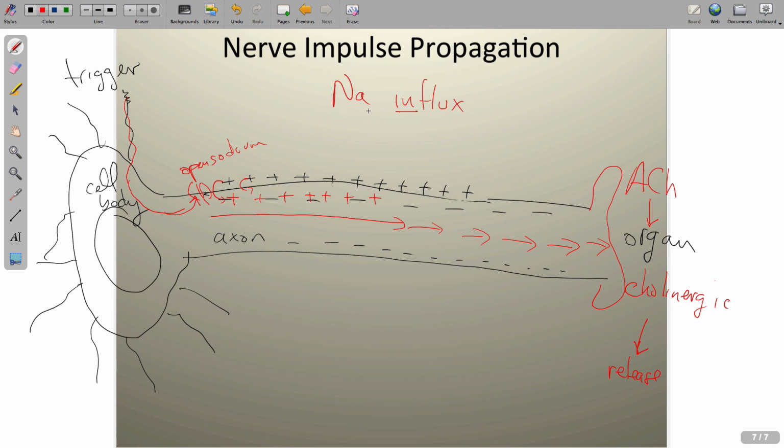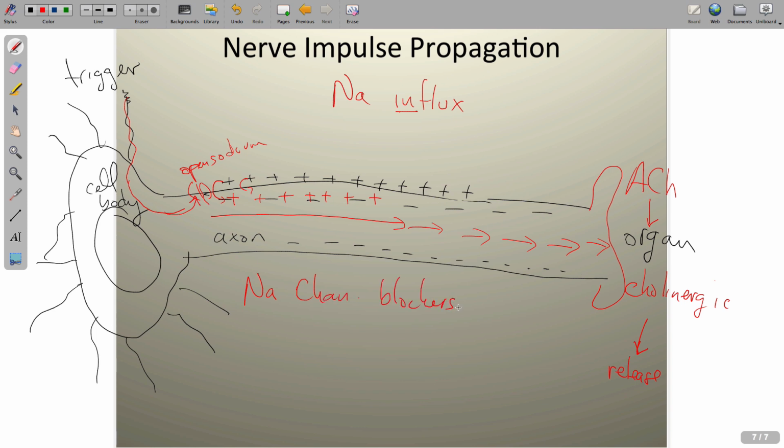So sodium influx. This is a really important concept because we're going to talk a lot about what we can do to prevent this. In fact, we can prevent the propagation of nerve impulses by preventing sodium channels from opening. And we can do that with drugs such as sodium channel blockers.